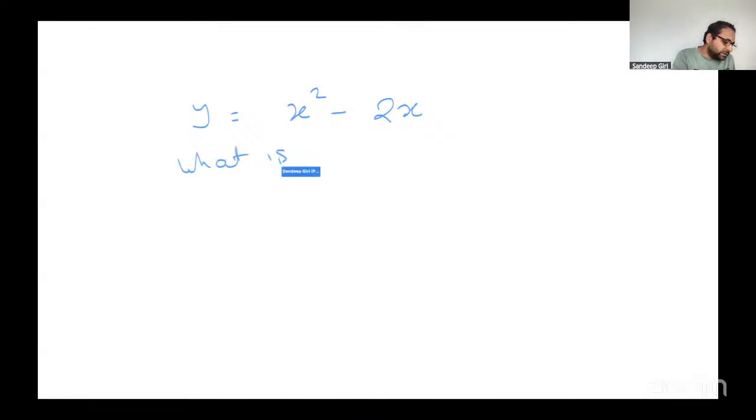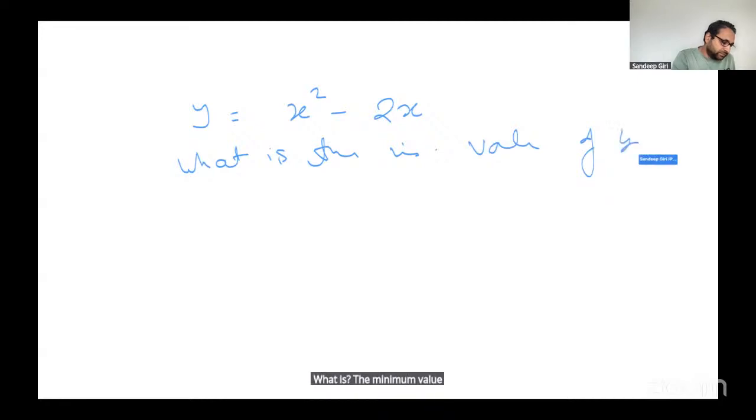What is the minimum value of y? Are you sure? It can be negative. Why can y be negative?